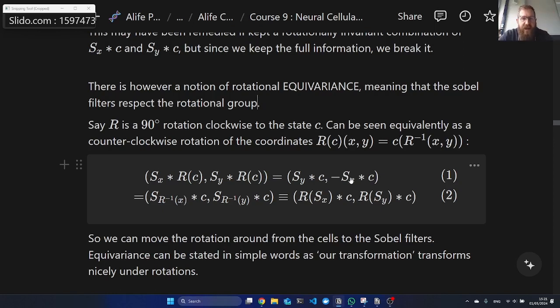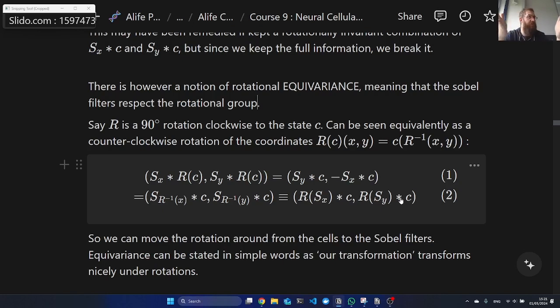And minus Sx is the same as the Sobel filter applied according to R minus 1 of y, which is minus x. So as you can see, applying S to the rotated world is the same thing as applying the rotated S to the unrotated world. So in that sense, that is what we mean by our rules being somewhat equivariant.